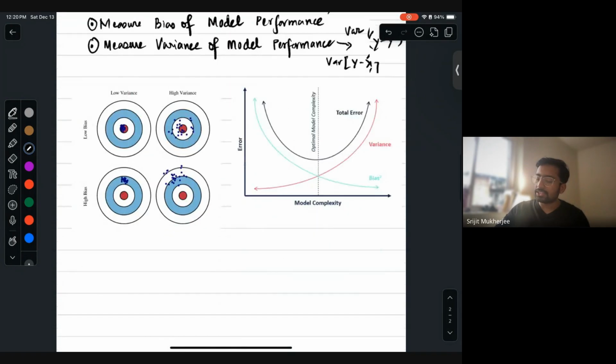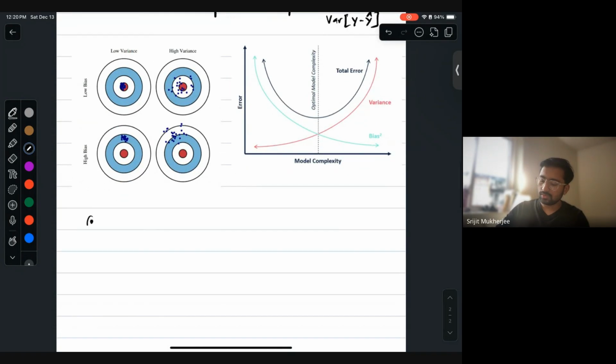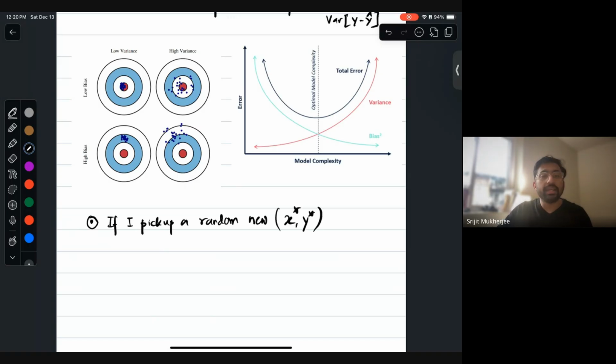So the idea to measure bias is that if this is the definition of bias, and I pick up a random new data point x star comma y star, we do not know x star, and we use f of x given theta, the already trained one, on x star, so we will get y star hat.